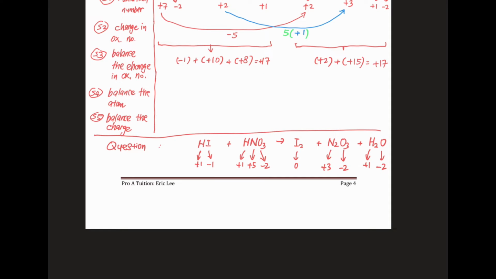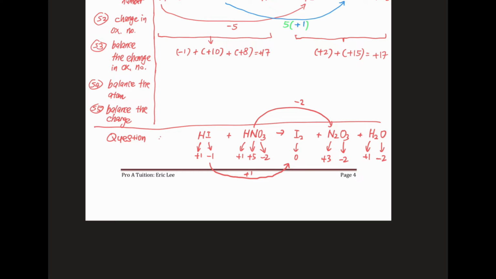Okay, so I write down the change. Minus 1 to 0, plus 1. Nitrogen, minus 2. This one I explain it in this way. You know, step 3, you have to balance the change in oxidation number, right?